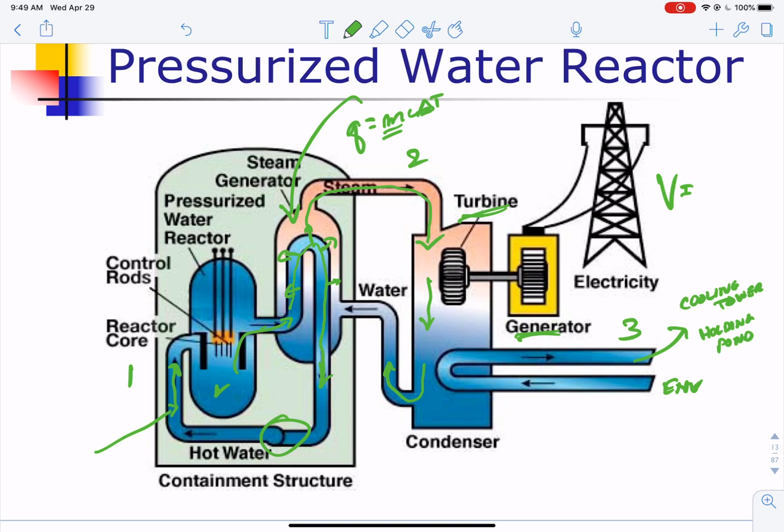So you can see a lot of safety features built into the kinds of pressurized water reactors, called PWRs, that generate most of the nuclear energy, about 19 to 20% of the electrical energy in the United States from these pressurized water reactors.